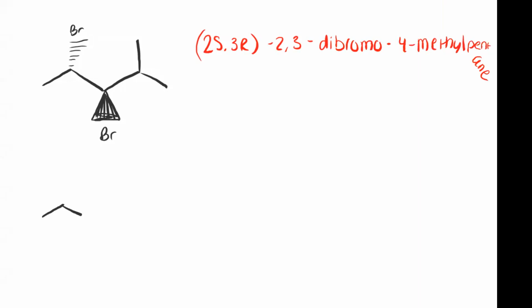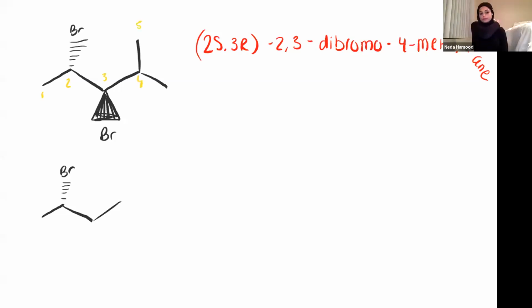Wait, why is it 3R? Because doesn't it flip? Or I mean, why is it? So we're going to run it through really quick so we can understand it. Over here we have a Br. Technically over here there's some hydrogen on a dash, which is not cool. Bromine is 1.